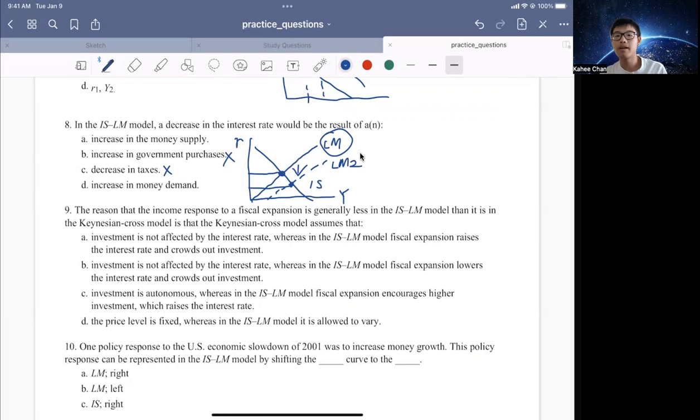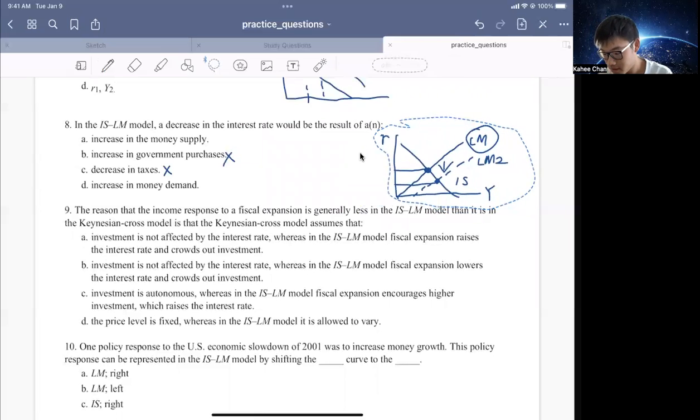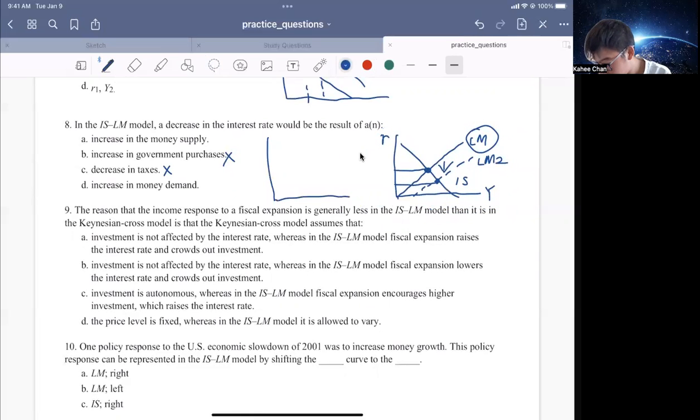So when we think about the LM curve, we always think about the theory of liquidity preference. So I'm going to move this over, and we are going to draw the theory of liquidity preference like that. In this case, we need to decrease the interest rate, right? So the interest rate is going down.